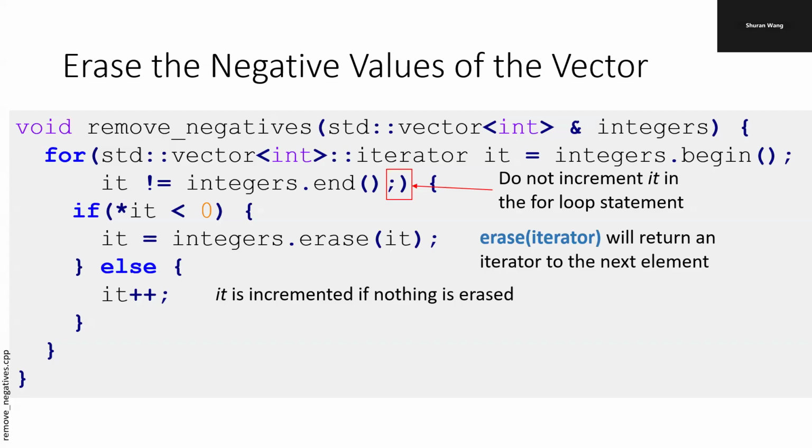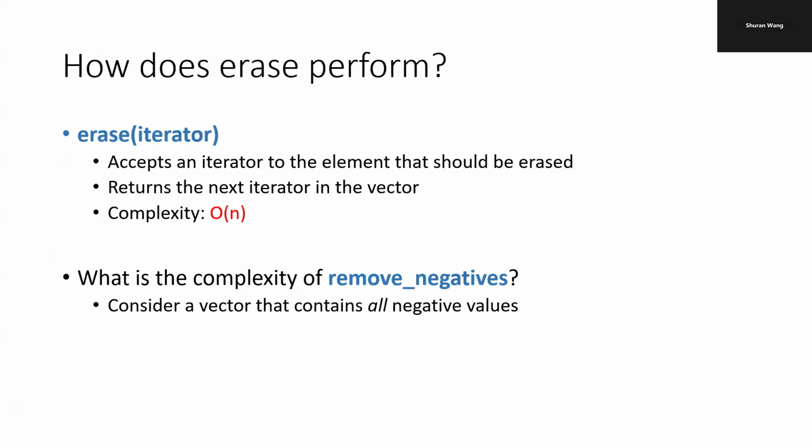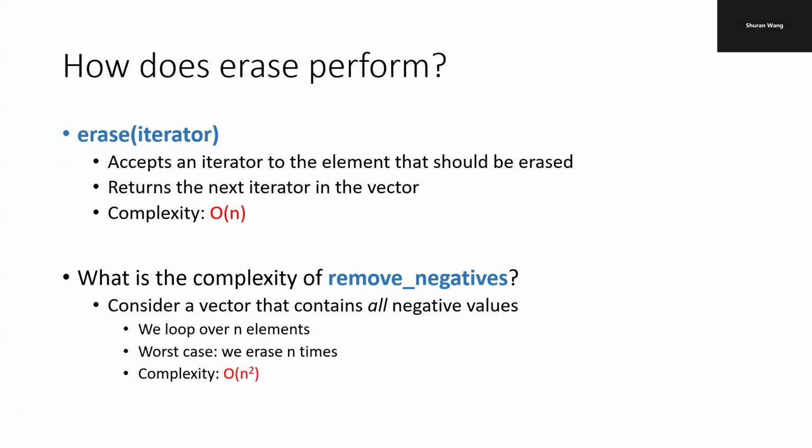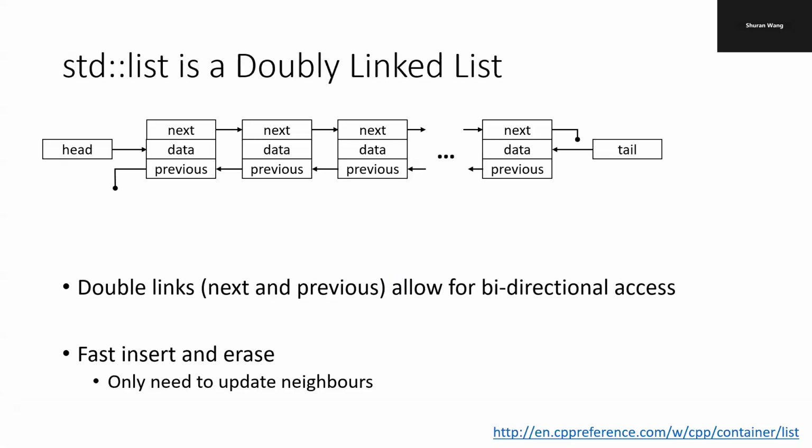Yep, O(n squared). Because in the worst case where all of them are negative numbers, we're doing n times n. On average it can still be half and half, and that's still on the order of n times n, so n squared. We loop over n elements and we do O(n) each time in the worst case.